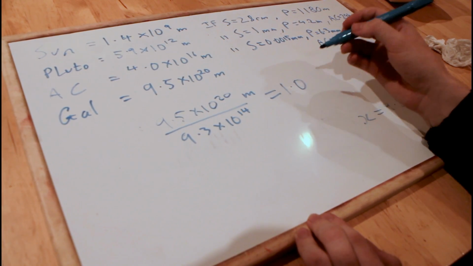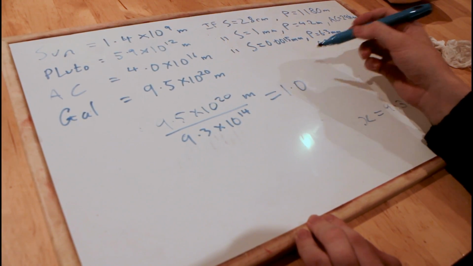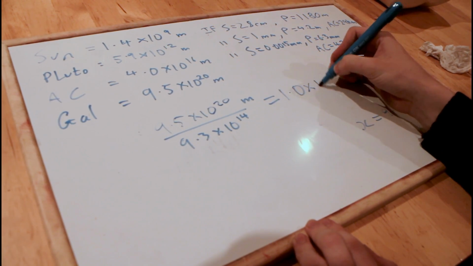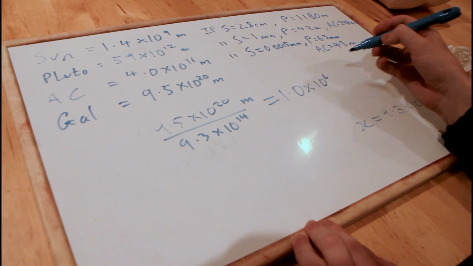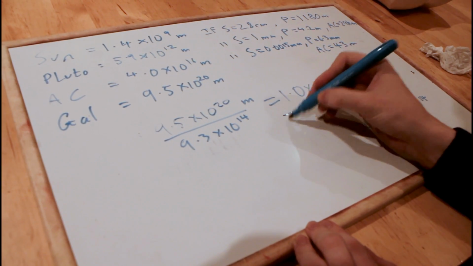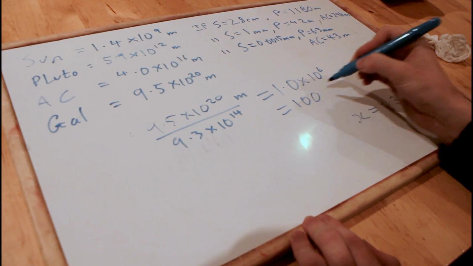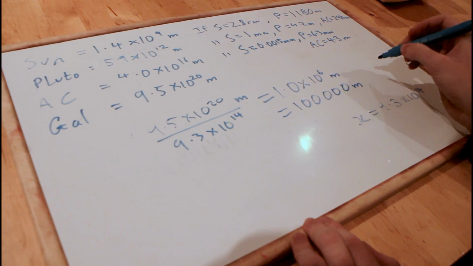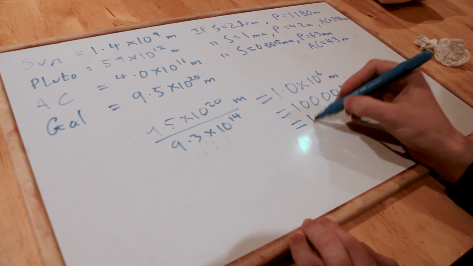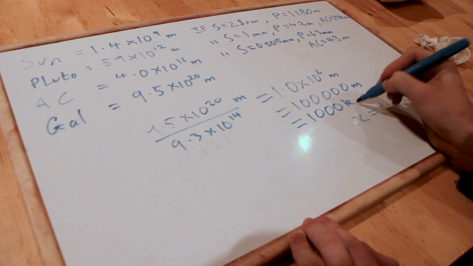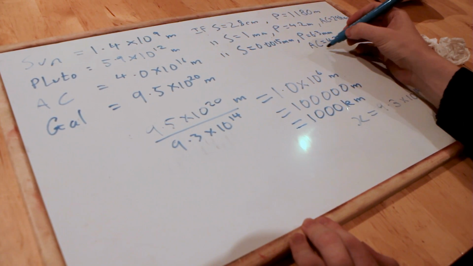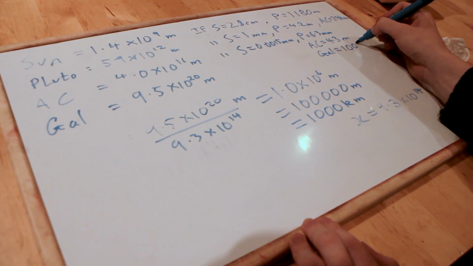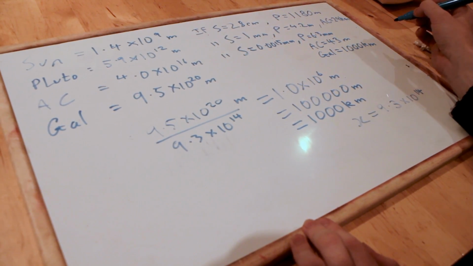It comes out at 1.0215 times 10 to the power of 6, which is about 1,000,000 meters, or to put it in a slightly different way, about 1,000 kilometers. So the galaxy would be 1,000 kilometers.